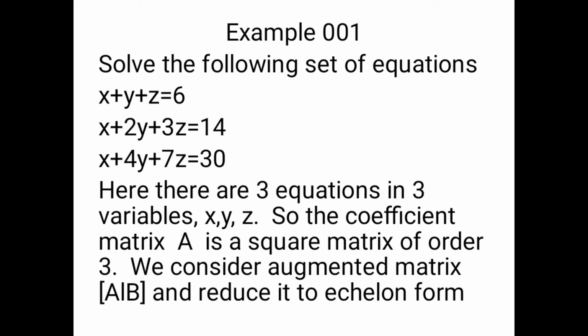So here there are three unknowns x, y, z and three equations. So the coefficient matrix A is of order 3, in which first column is coefficient of x, that is 1 1 1, and second column is coefficient of y, 1 2 4, and the third column is coefficient of z, that is 1 3 7.